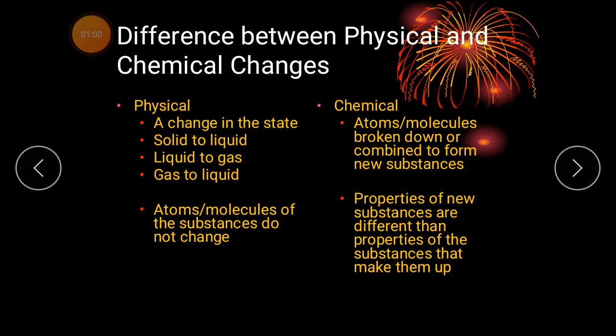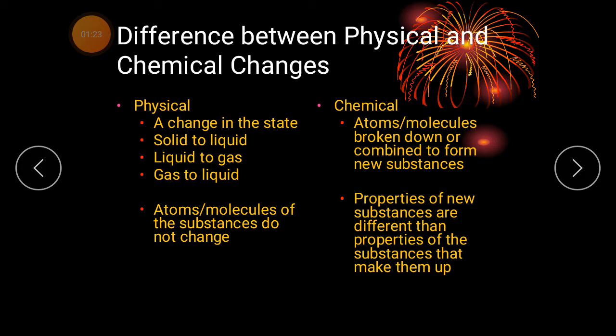Students, as I told you in your previous class, physical changes take place when their state is changed. For example, a change in the state of solid to liquid, liquid to gas and gas to liquid. And what is chemical change?